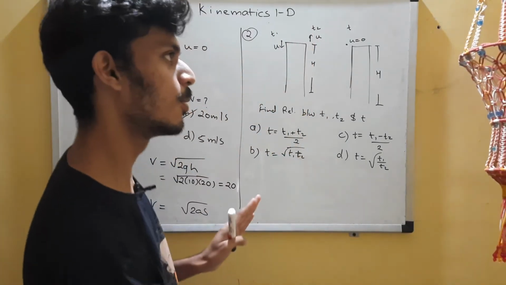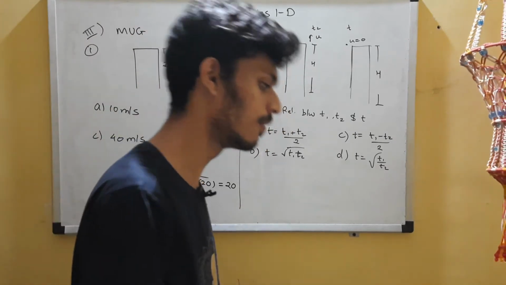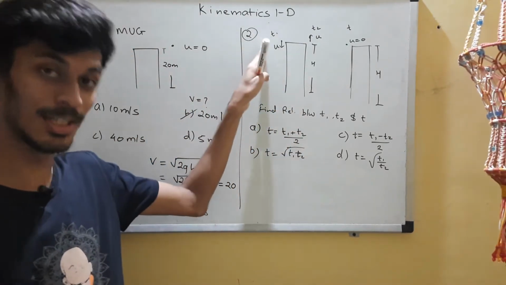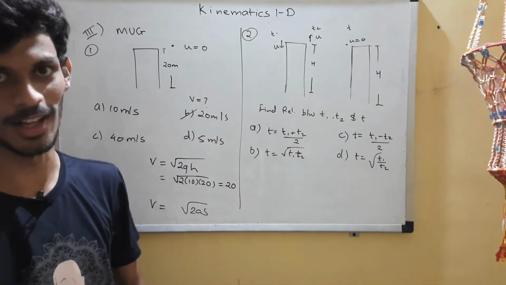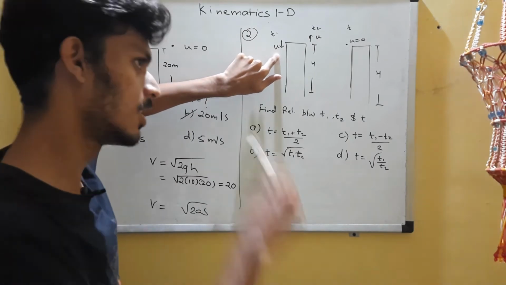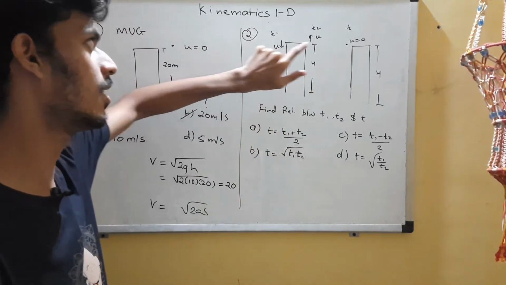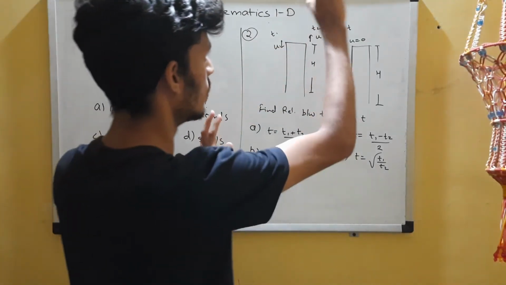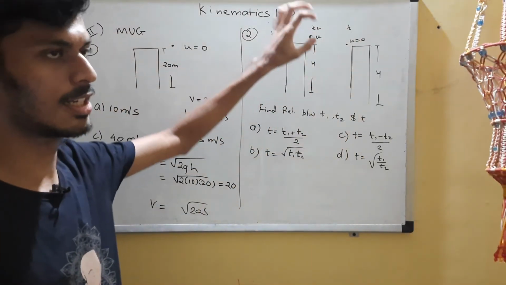In this case you threw it up, now you are going to throw it down with initial velocity u, and the time taken for this ball to reach ground is t1. So to summarize, the time taken for the ball thrown down to reach the ground is t1. The time taken for the ball which is thrown up to reach the ground from this journey is t2.